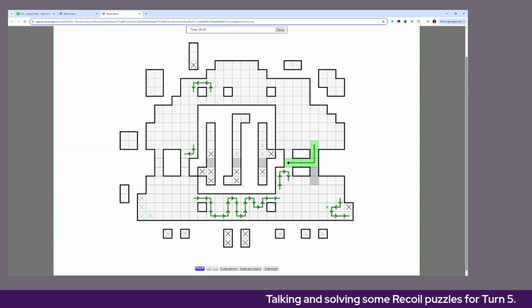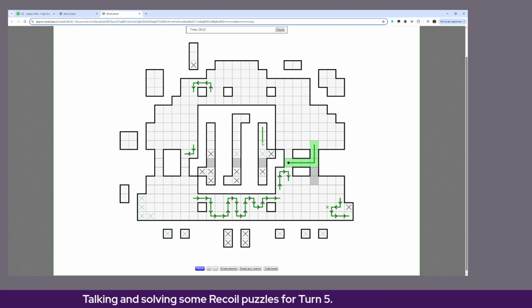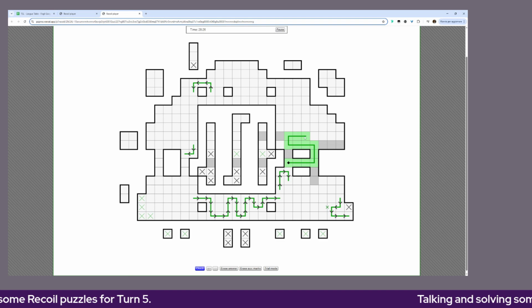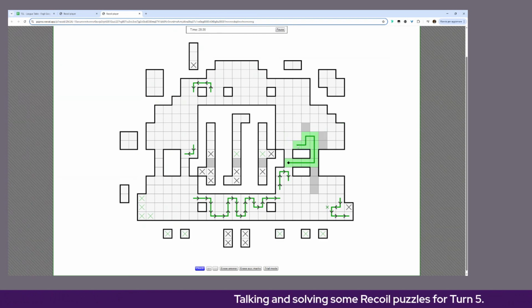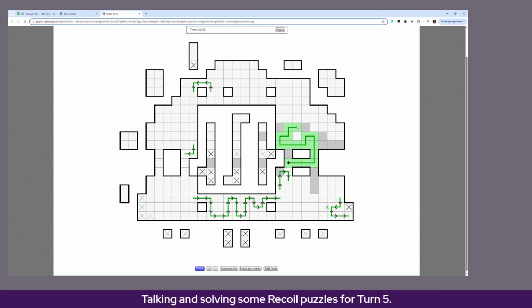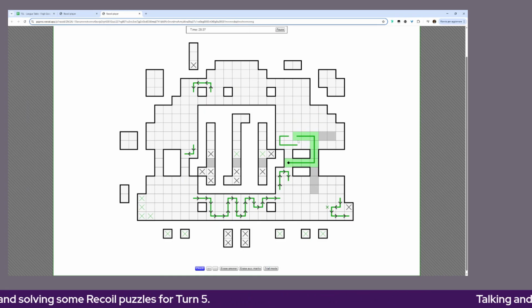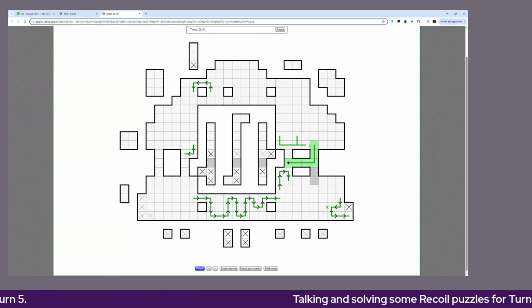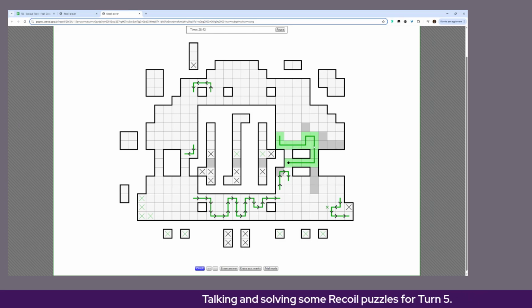Because if I try to count here, only 2 of them can be filled horizontally. In theory there is a way to recoil this, but probably doing, wait a second.